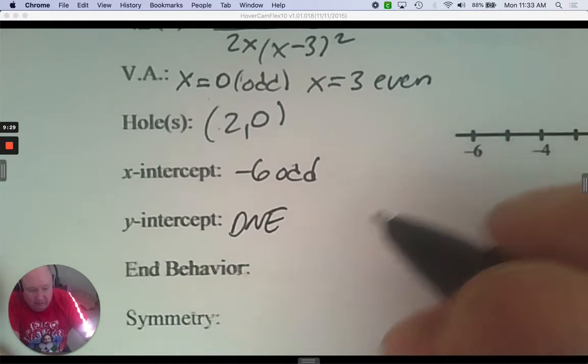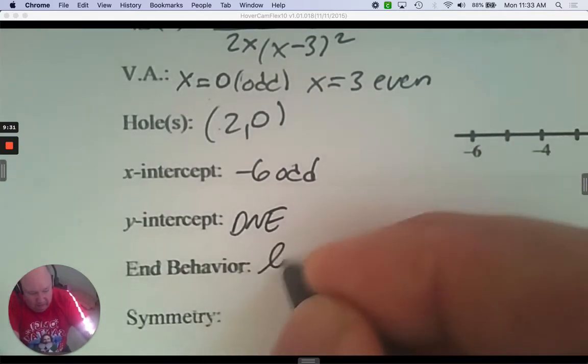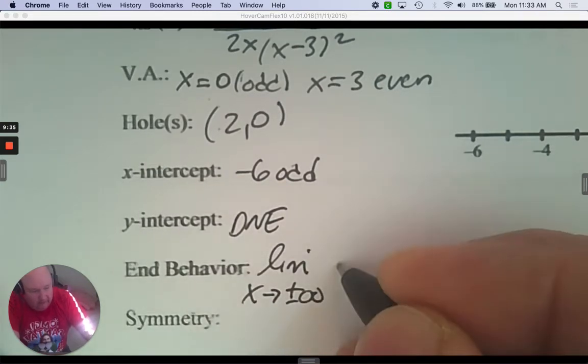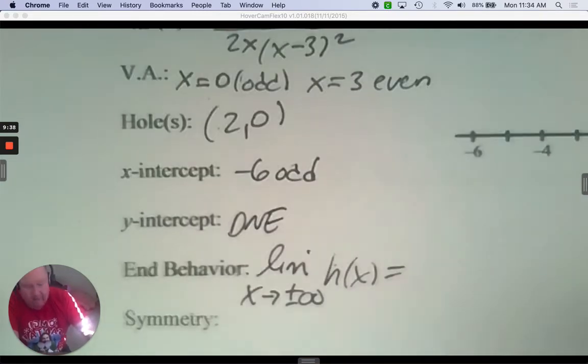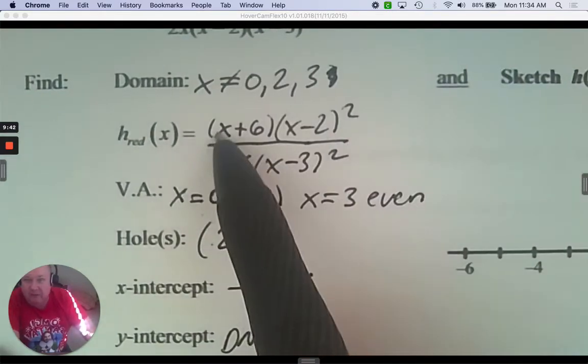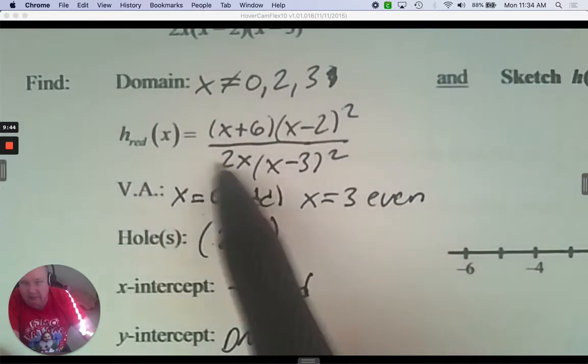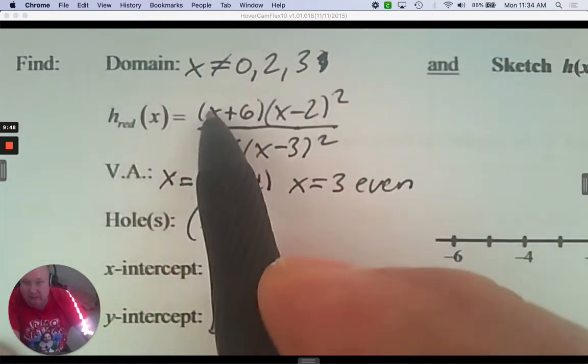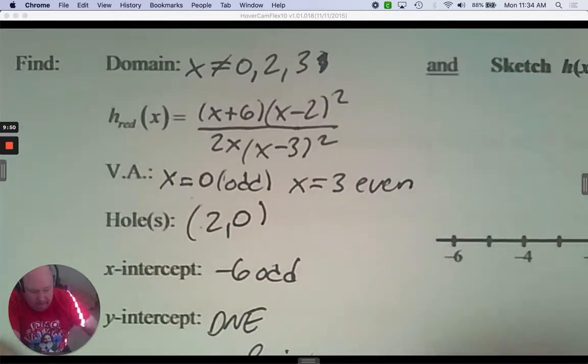The end behavior is a limit question. In this case, what's the limit? Both the positive and negative infinity are going to agree. So I take the most powerful term on top divided by the most powerful term on the bottom. If I go x times x squared, the most powerful term on top is x cubed.